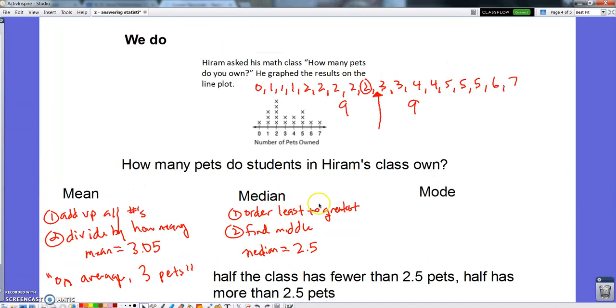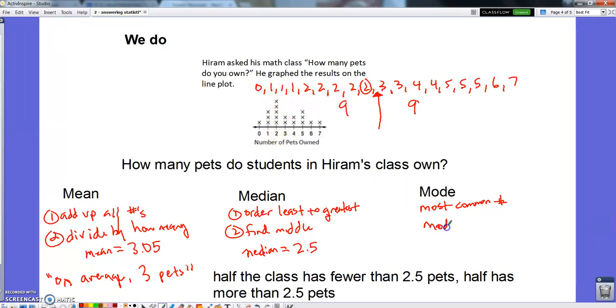That is the median. The mode is the easiest. The mode is the most common number. And in that case, the most common number here was 2. More people than for any other number had 2 pets.